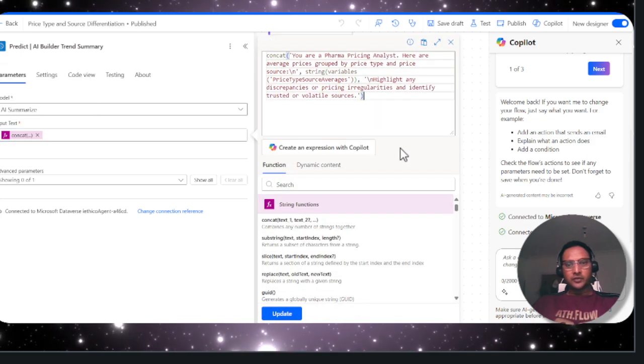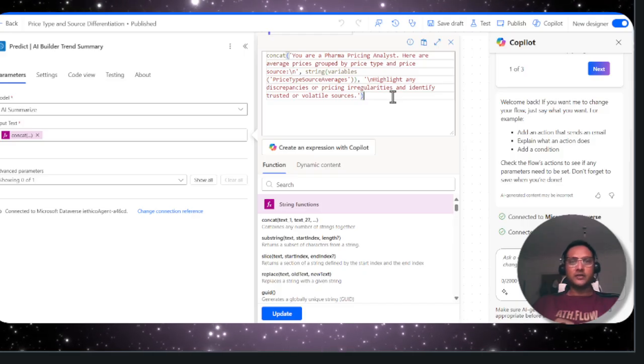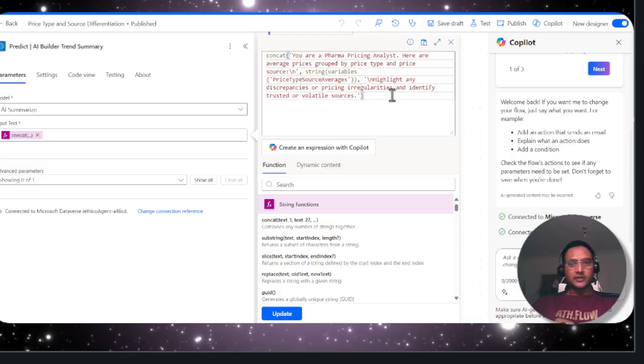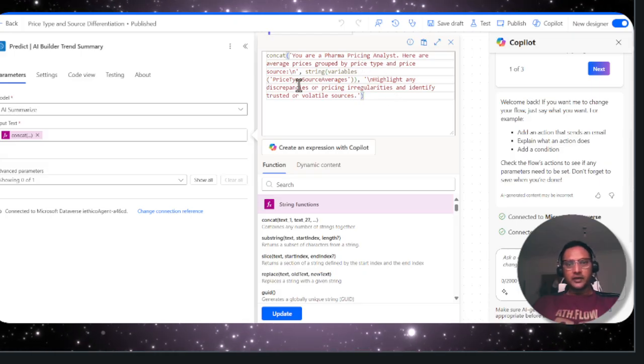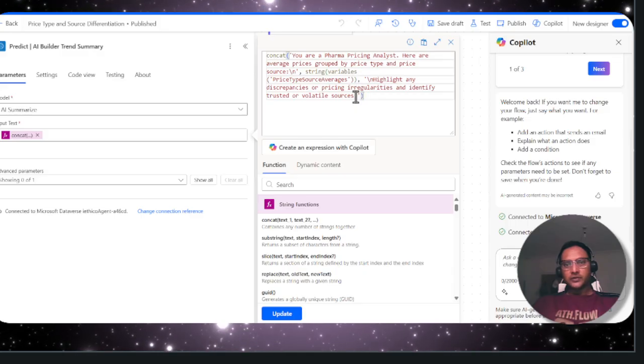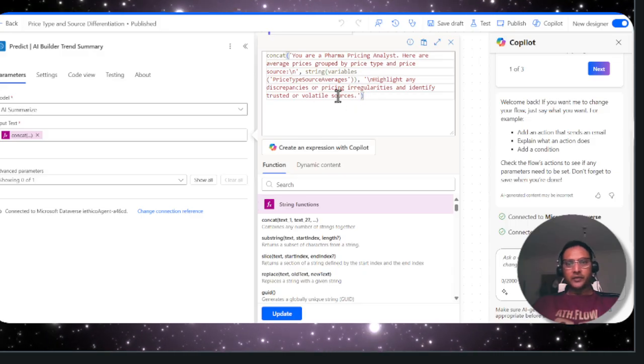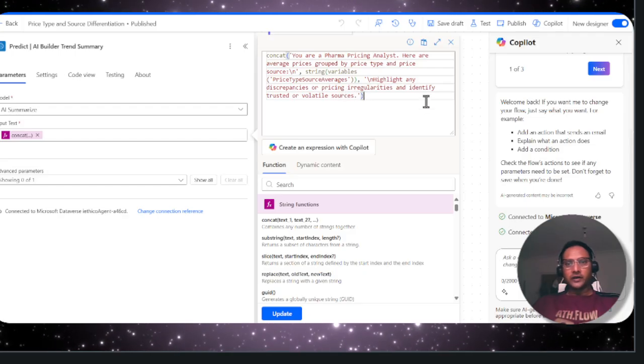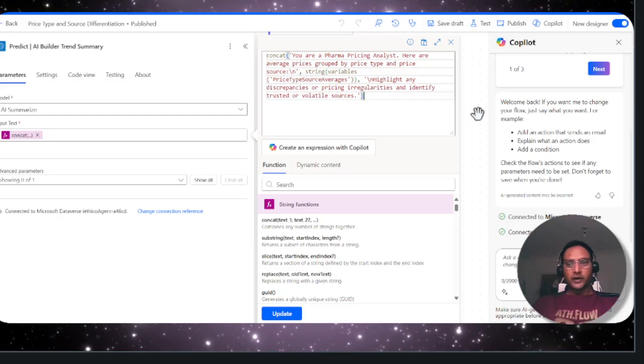This is important, as I've explained in my previous session as well. I'm telling the agent that you're a pharma pricing analyst. Here, the average price is grouped by price type and price source. Please highlight any discrepancies that you find, any pricing irregularities, and identify trusted or volatile sources.